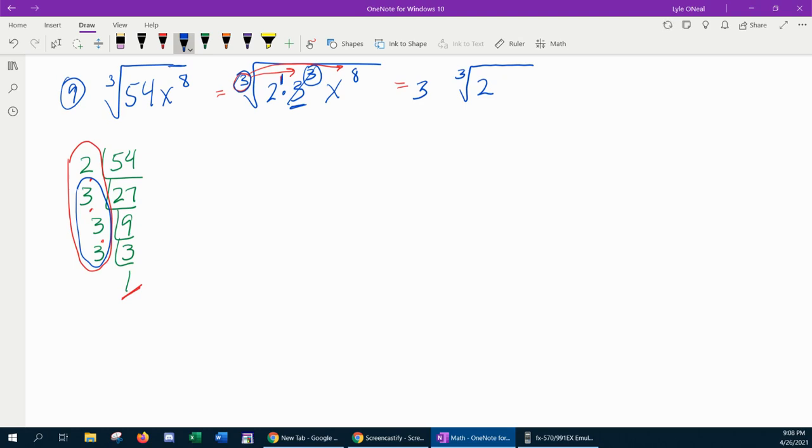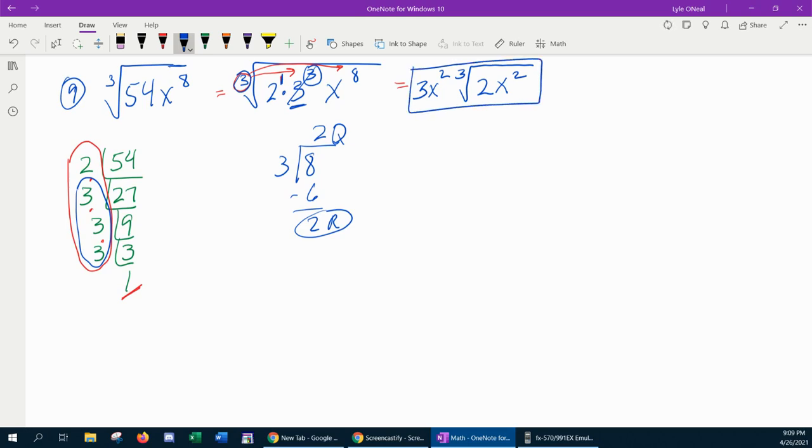And then for the x's, what you want to do is take the exponent divided by the index. 3 goes into 8 2 times. 2 times 3 is 6. Remainder of 2. So the quotient is how many x's get to come out, and the remainder is how many x's are left over.